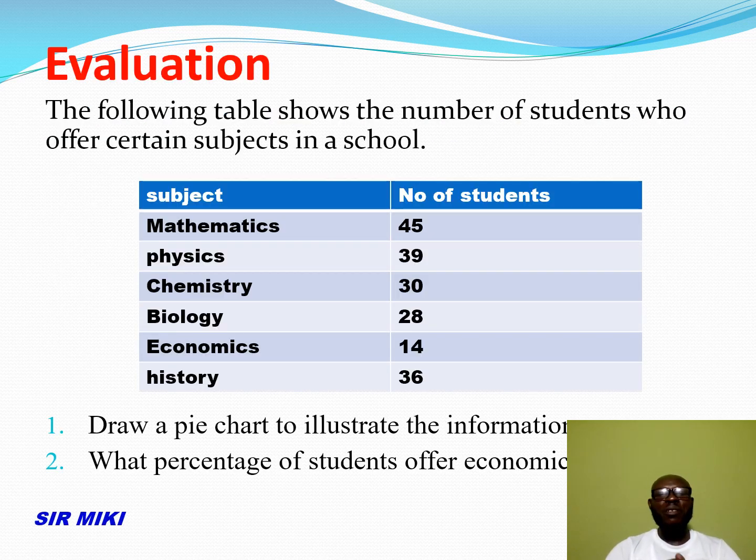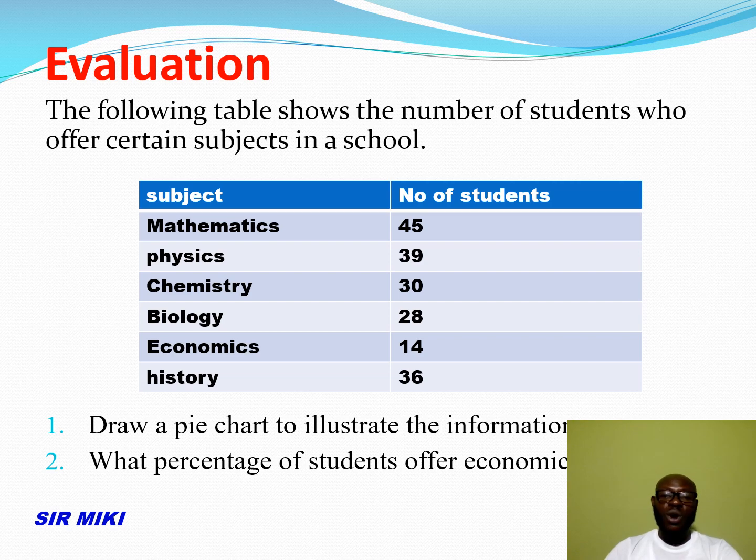Evaluation. The following table shows the number of students who offer certain subjects in a school. So we have the subjects and then we have the number of students. We have mathematics, 45 students offer mathematics, 39 for physics, 30 for chemistry, 28 for biology, 14 for economics, and 36 for history.